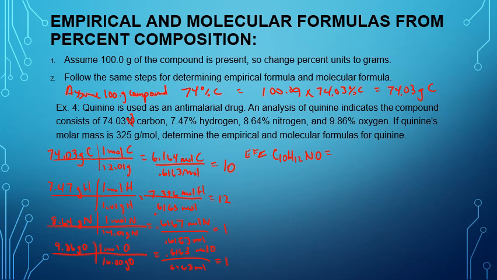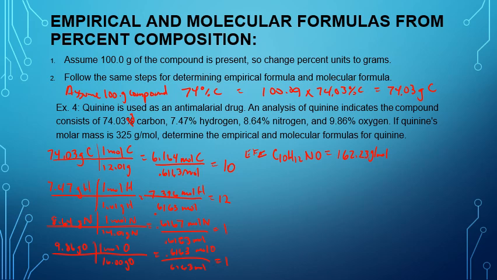So molar mass for this one, if we did that, we'd have 10 times 12.01 plus 12 times 1.01 plus 14.01 plus 16.00, and that gives us a molar mass of 162.23 grams per mole. It gave us a rounded molar mass of 325.